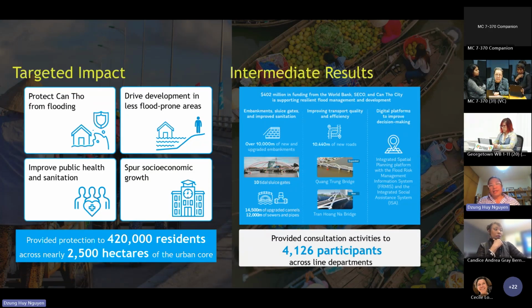Again, as I mentioned, the project had three components and financed over 10 kilometers of new embankment around the city. In another slide you see the protection rings that the project financed, and also 15 kilometers of open drainage canals and 12 kilometers of sewer and pipe system.